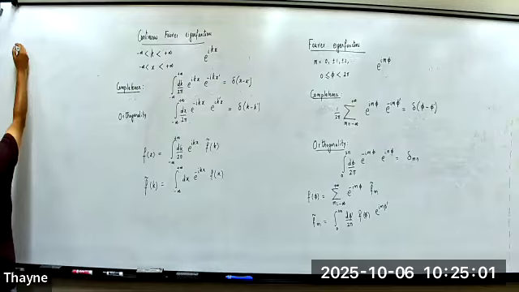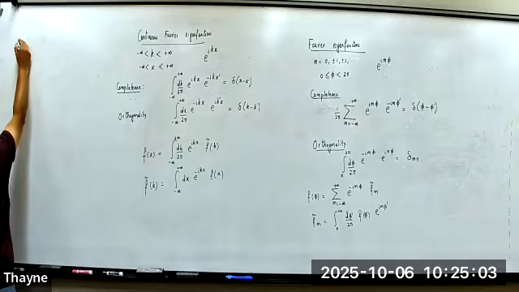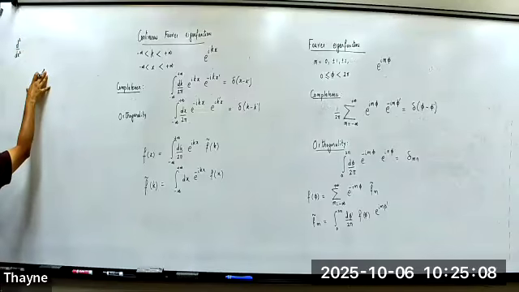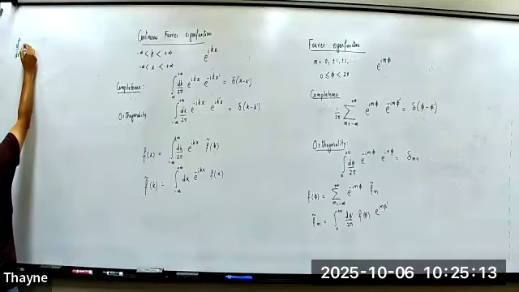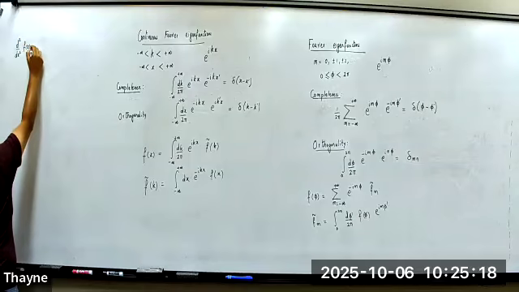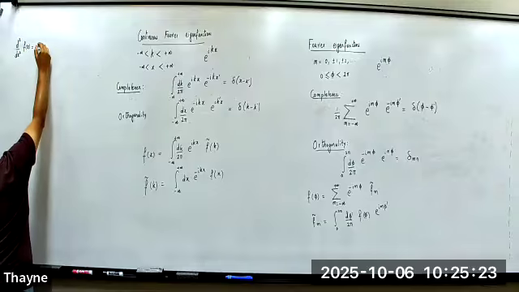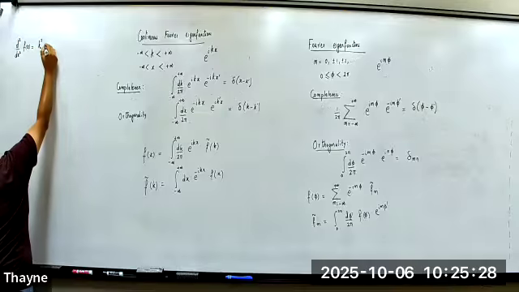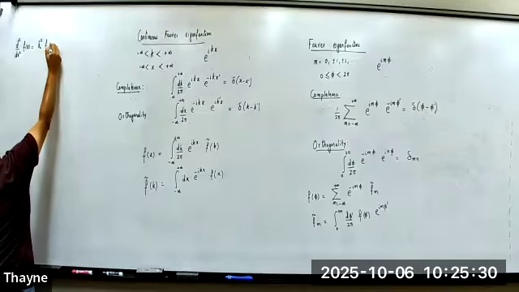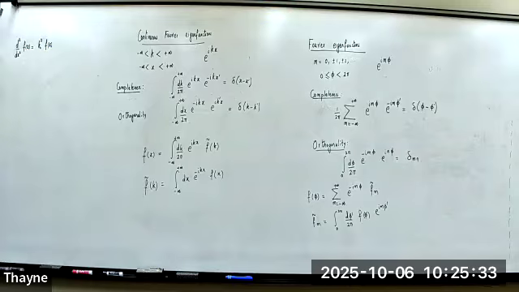Let us say our differential equation is d squared over dx squared, and, say okay. That's a differential equation. What are the solutions to that?